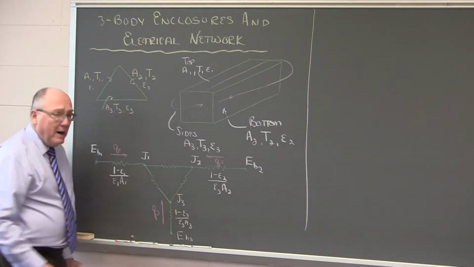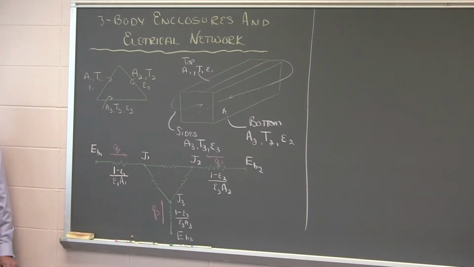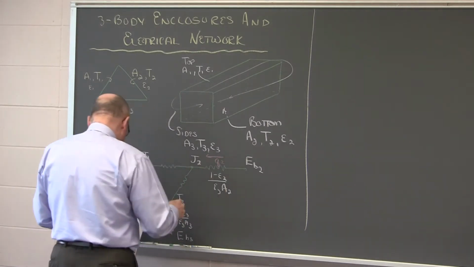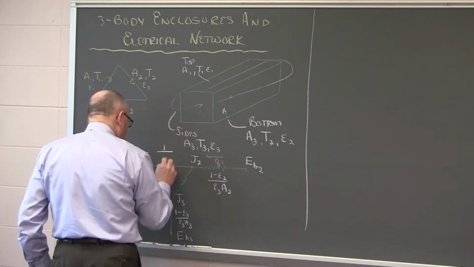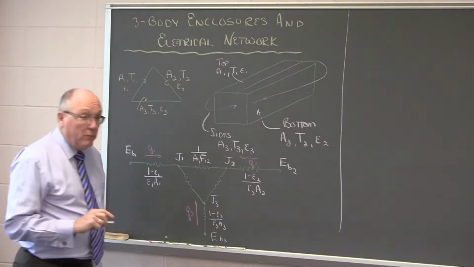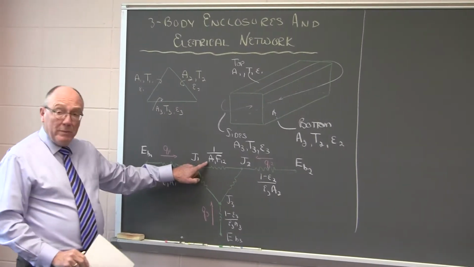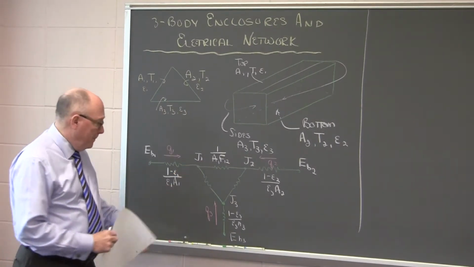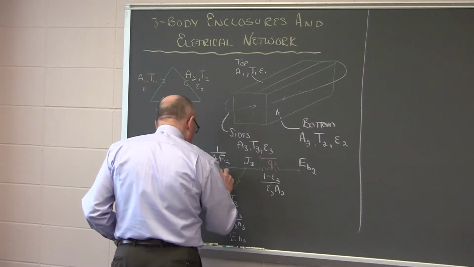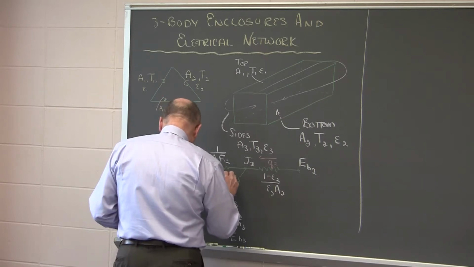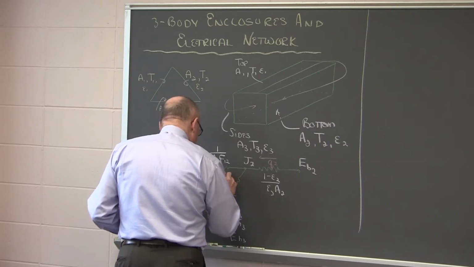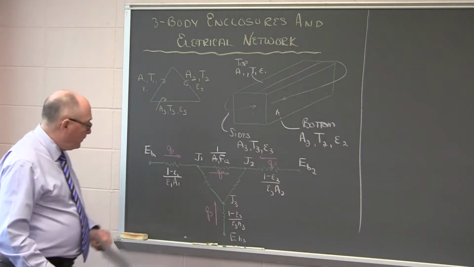Then we have the shape factor. How does one surface see the other surface? So how does surface 1 see surface 2? This can be expressed as 1 over A1 F1 to 2, or if you recall from reciprocity, this could just as well be 1 over A2 F2 to 1. And this would be the heat transfer Q1 to 2.